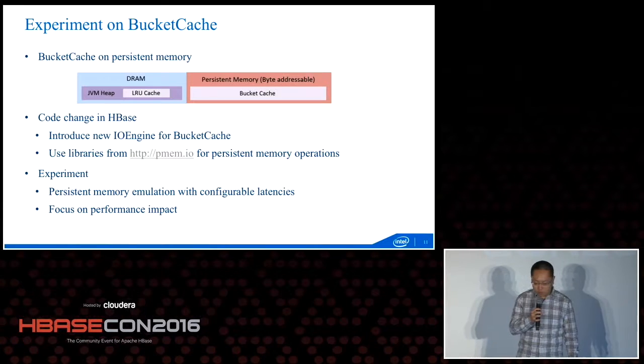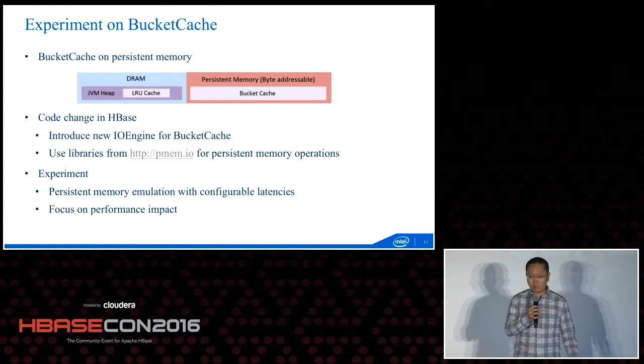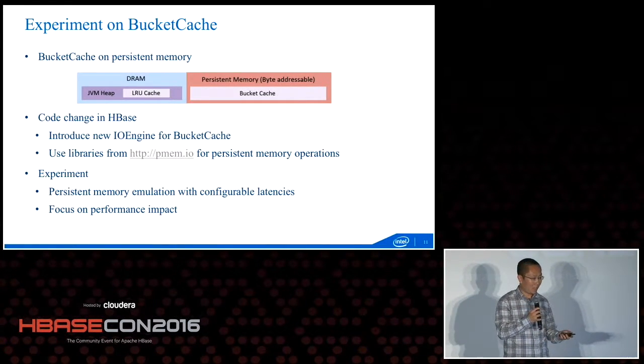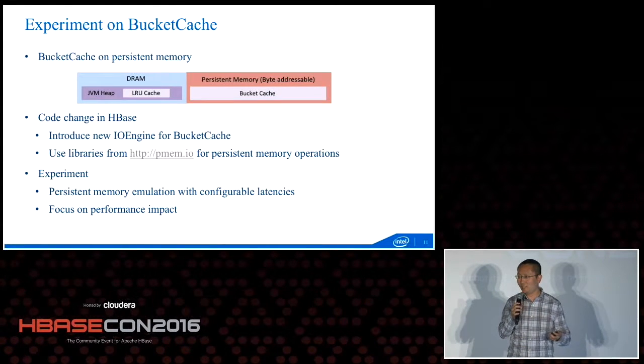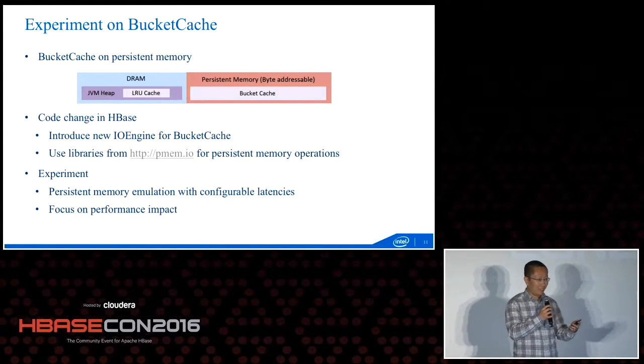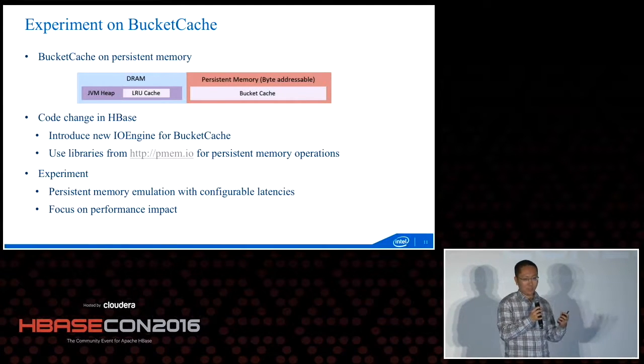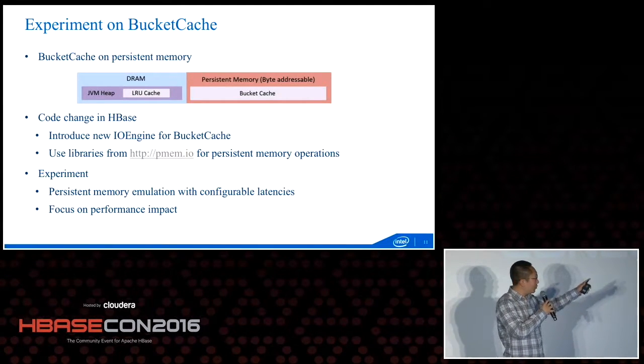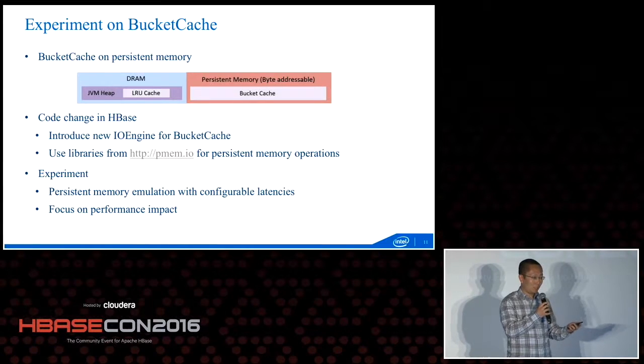Okay, so given that, we have done some experiments with the bucket cache on HBase. It seems there are a lot of sessions on bucket cache, because it's really easy, right? It's very easy to plug and play. The block graph shows how we actually did the job.